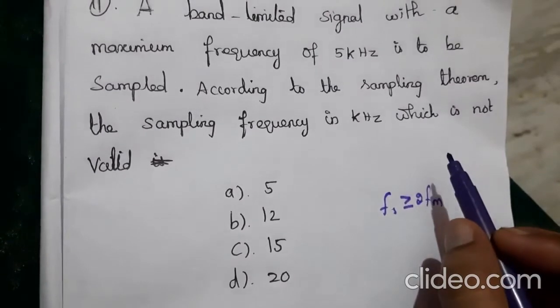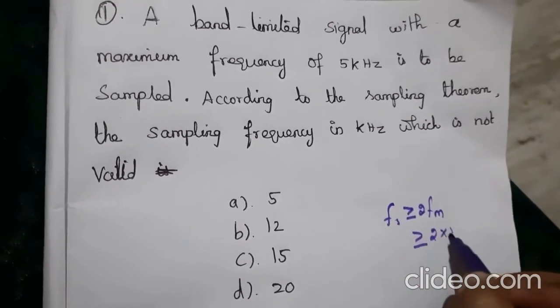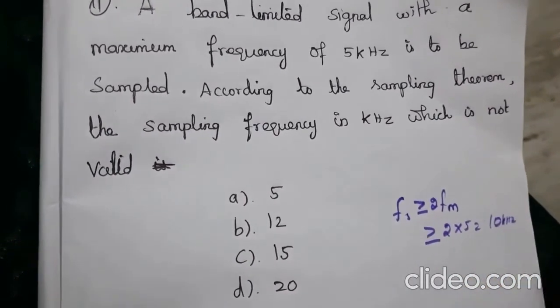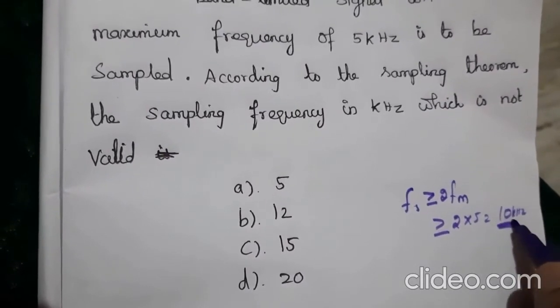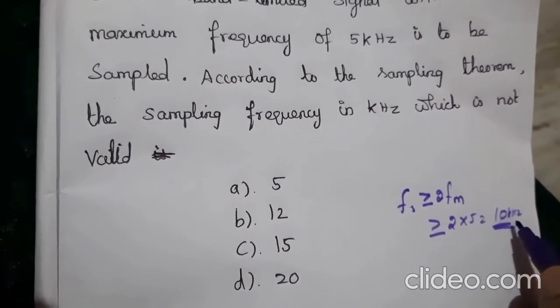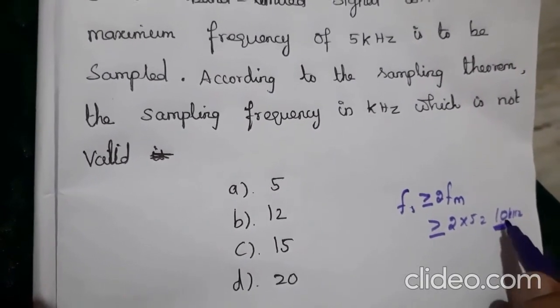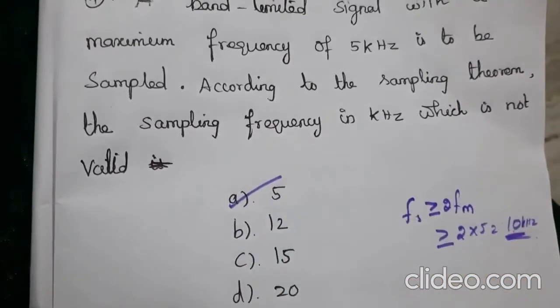Here the maximum frequency is 5 kHz, so the sampling frequency must be greater than 2 into 5, that is 10 kHz. Values greater than 10 kHz are valid, less than 10 kHz are invalid. Comparing, 5 is less than 10, so here the answer is A.